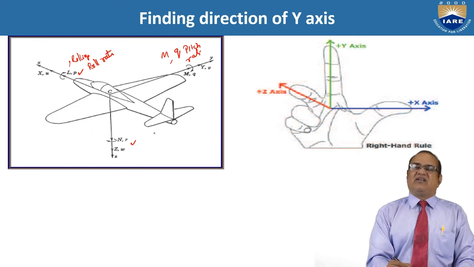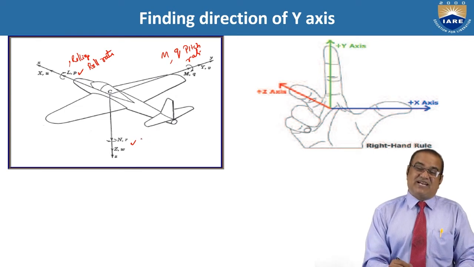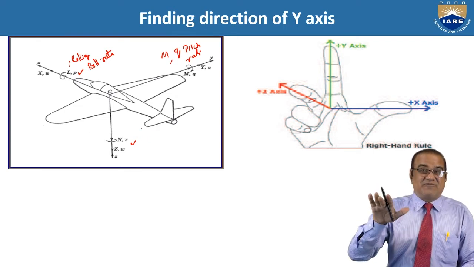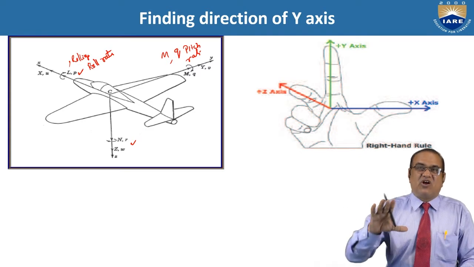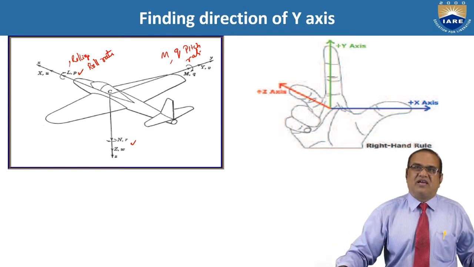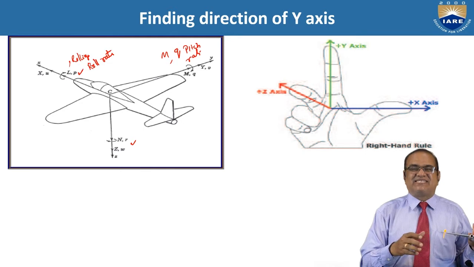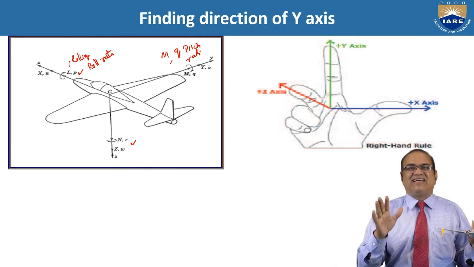So we have to understand that pitching is with respect to the Y axis, rolling is with respect to the X axis, and yawing is with respect to the Z axis.